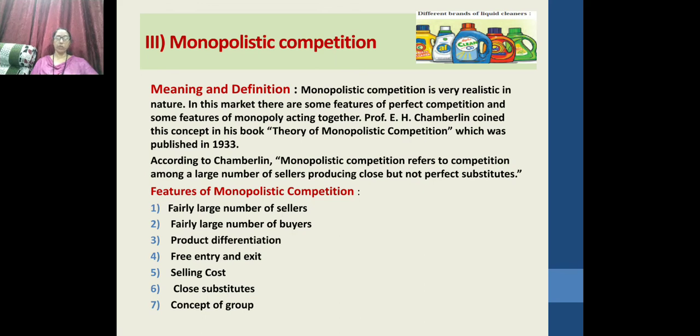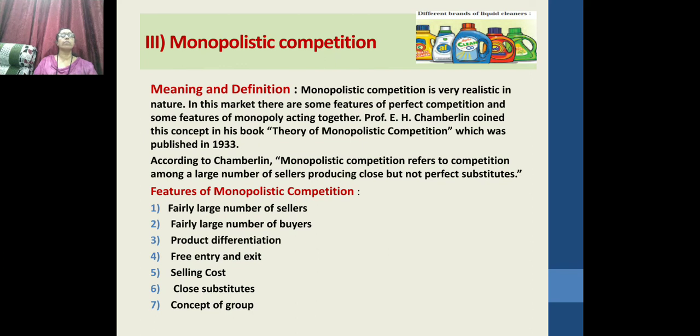What is monopolistic competition? Monopolistic competition is very realistic in nature. In the market, there are some features of perfect competition and some features of monopoly acting together. Professor Chamberlin coined the concept in his book Theory of Monopolistic Competition, which was published in 1933.